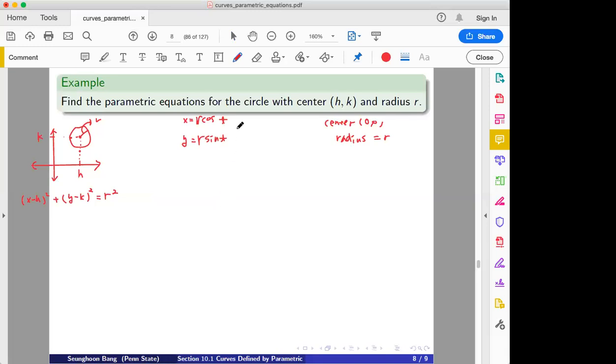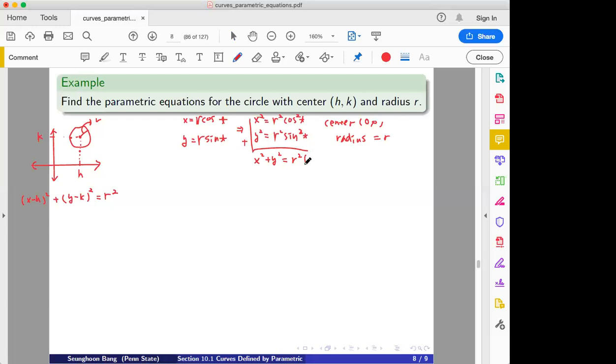Squaring both sides, x squared equals r squared cosine squared, y squared equals r squared sine squared. You add these two equations: x squared plus y squared equals r squared cosine squared plus r squared sine squared.